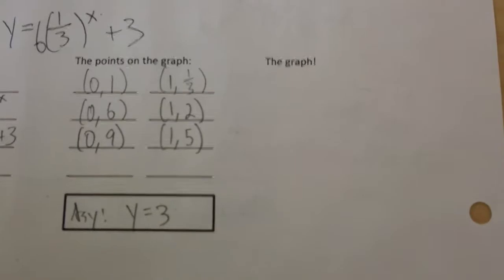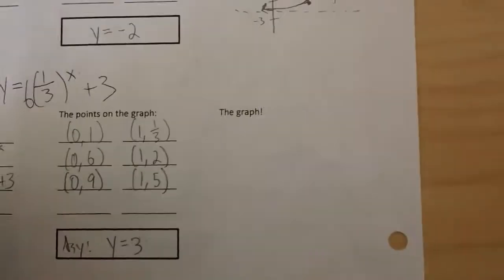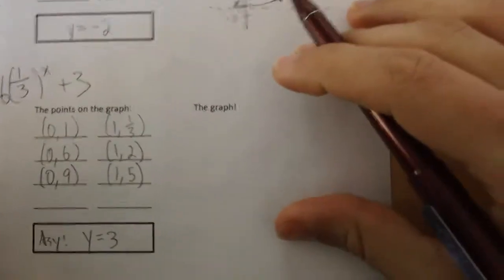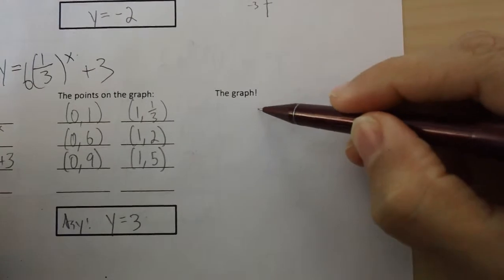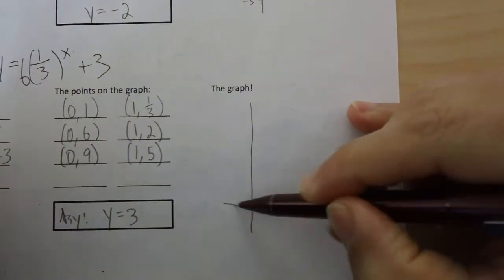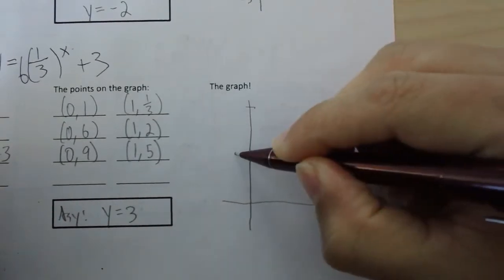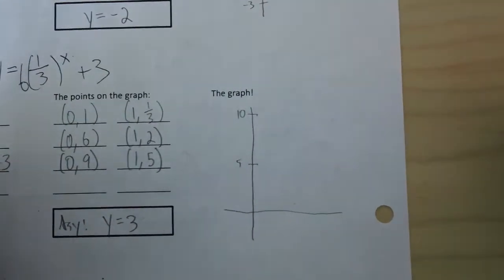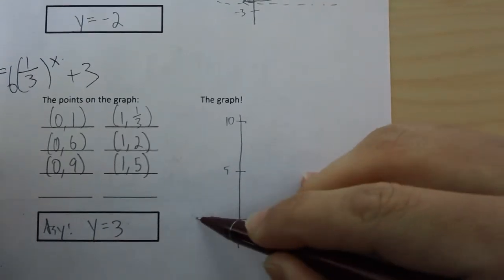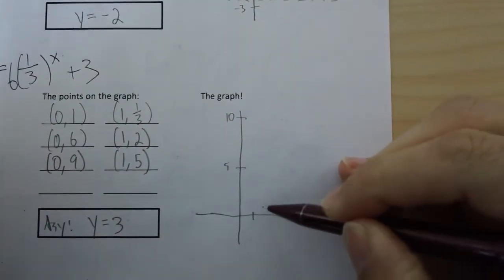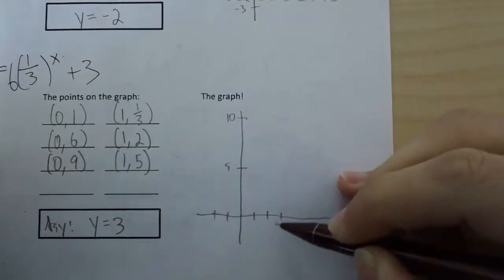And then in terms of our graph here, we're going to have everything mostly focusing on the first quadrant this time. Give myself a nice tall graph here. Let's call that 5 and 10. 1, 2, 3, 1, 2.